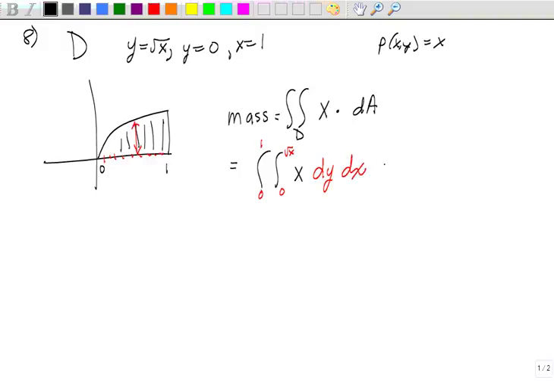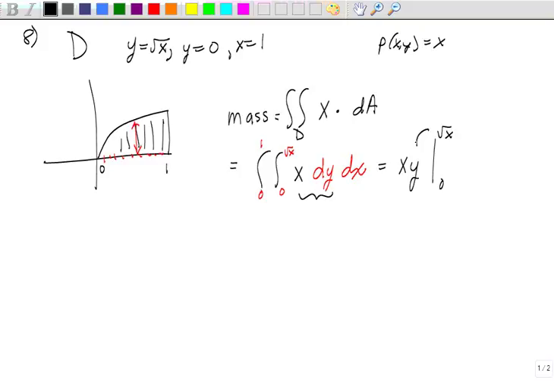So working that out, that's not too hard. No, I'm integrating with respect to y, sorry. If I integrate with respect to y first, then that's going to be xy.